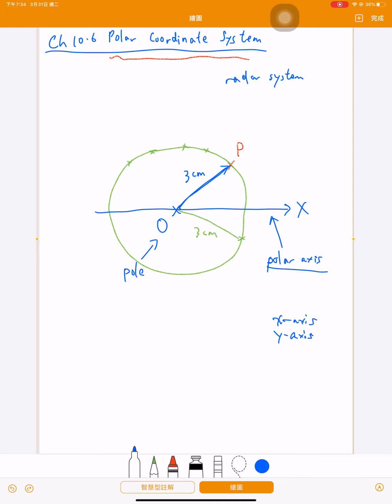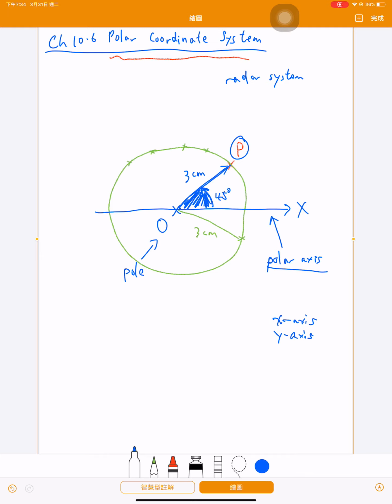Then the angle for this point P is calculated starting from this polar axis and going anti-clockwise to this line. So the angle is this one. For example, I let this one be 45 degrees.